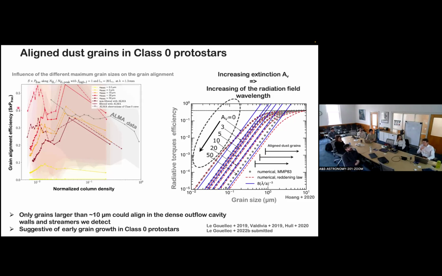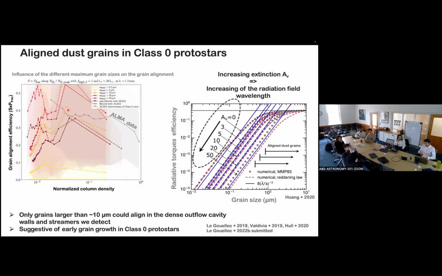Here on the left, you can see a diagram showing the grain alignment efficiency versus density, for different maximum dust grain sizes. The colors are models of star forming cores compared to the ALMA level of grain alignment efficiency.